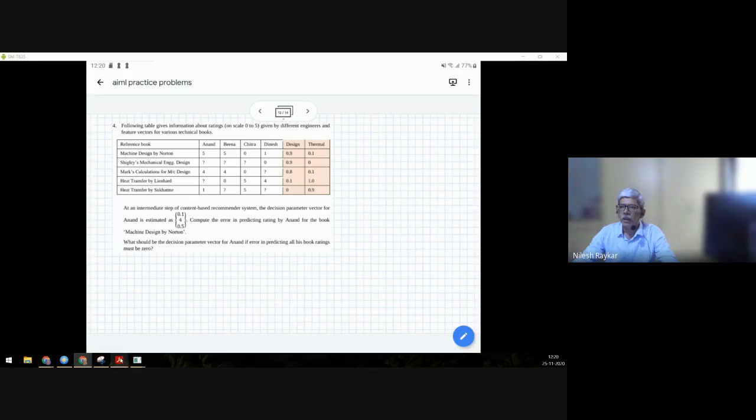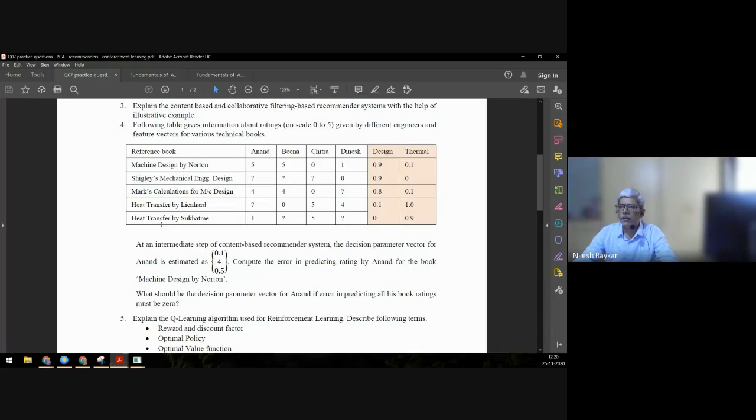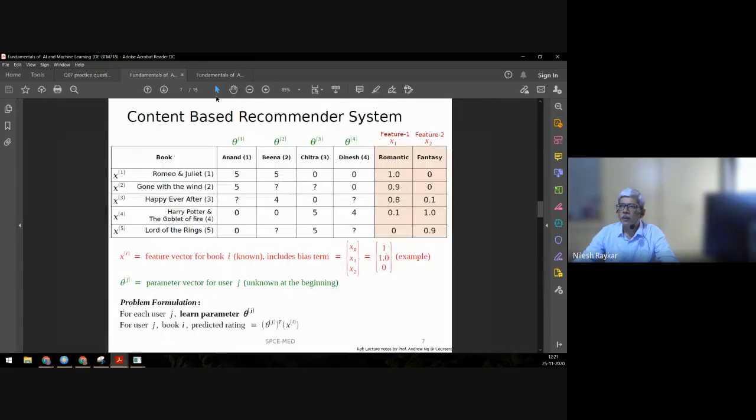Let's have a look at the theory behind this topic. Essentially the model works as follows. The books or movies have their features, so there is a feature vector. The feature vector consists of the actual features, x1 and x2.